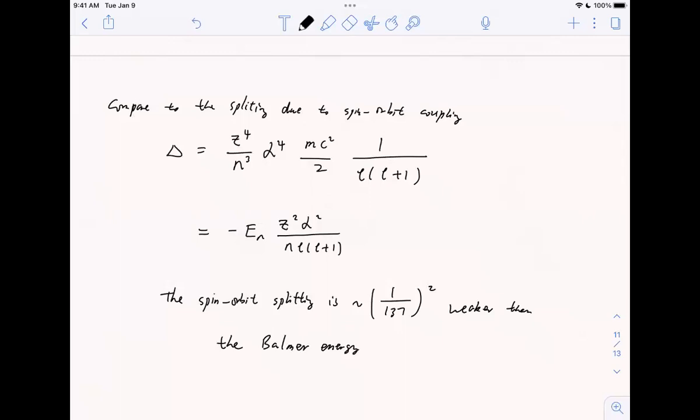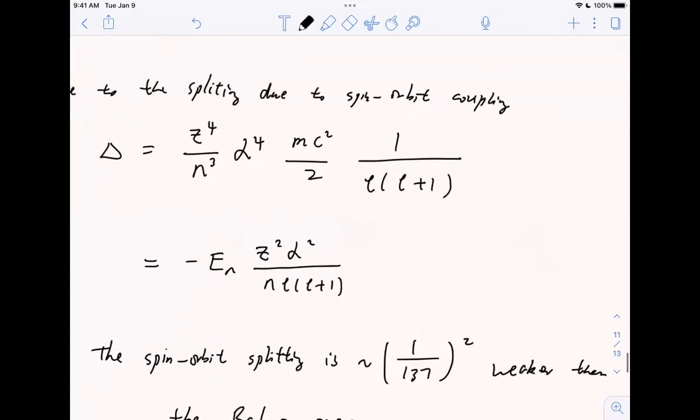Also, for hydrogen, of course, it's small, but once you have this factor here, the charge will make a big difference. If you have 40 charges, then squared, you have a big enhancement.